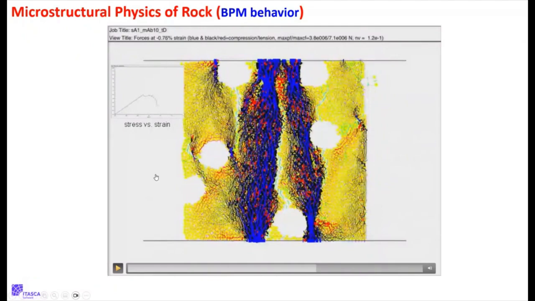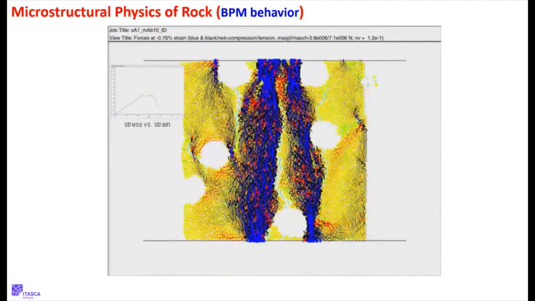This is how pillars in mines actually fail. As you load a pillar, a giant pillar, like 10 meters across, it starts to fail on the outside. And the failure slowly works its way inside. Because rock, if you have confinement, gets stronger. So the inside of the pillar is still confined, whereas the free surfaces are not confined.